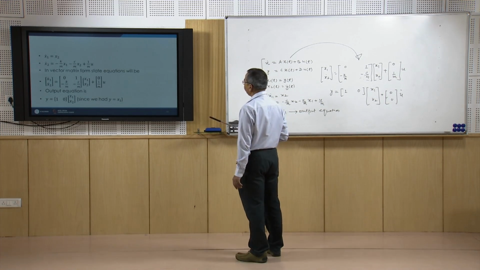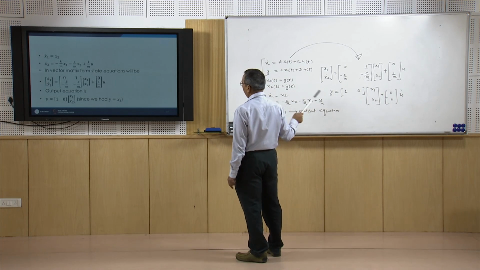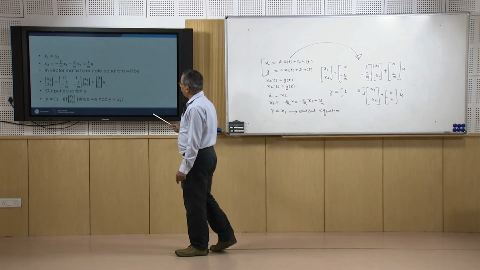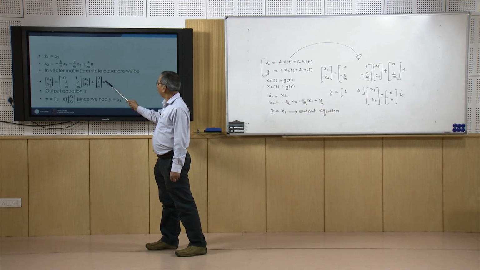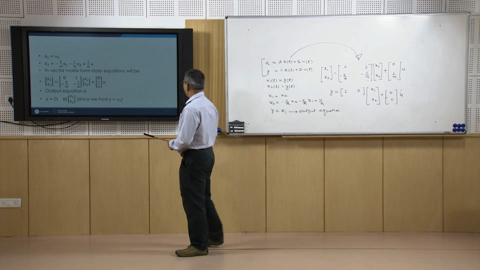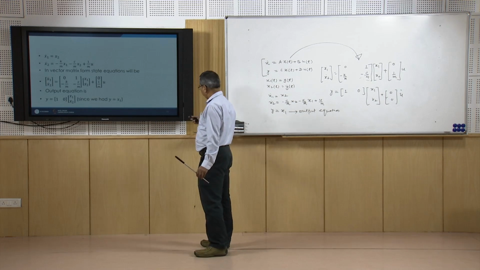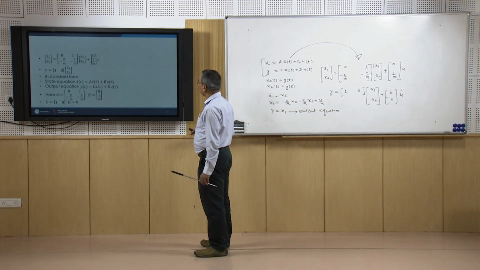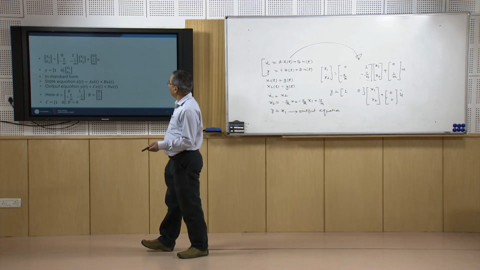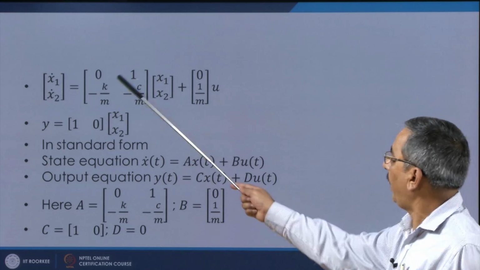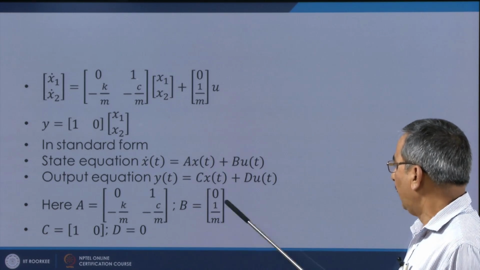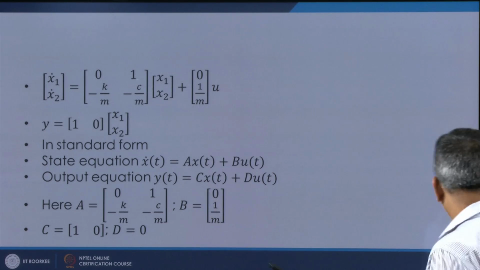I hope you have understood it. So, we have the vector matrix form state equation, and this is my state output equation. From these equations, I can identify what is my A matrix, what is my B matrix, and what is my C and D matrix.